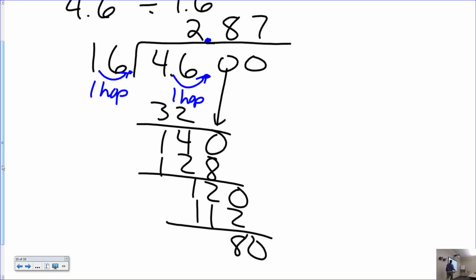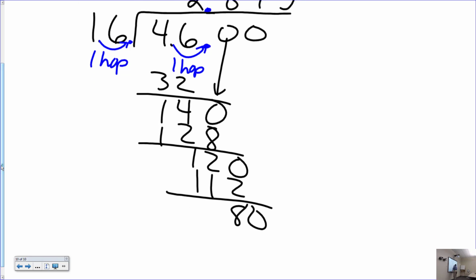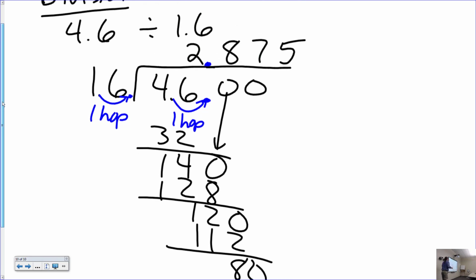Straight up 5. 2.875. 2 and 875 thousandths. Okay? That's the technique. It's basically just going back to doing old long division, except you have to play with the decimal a little bit first.